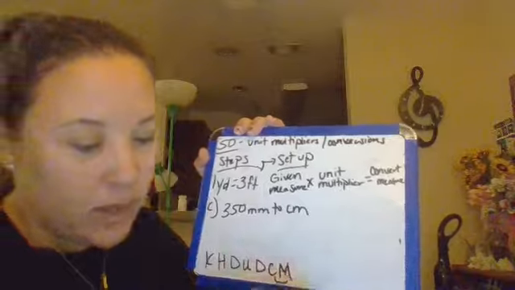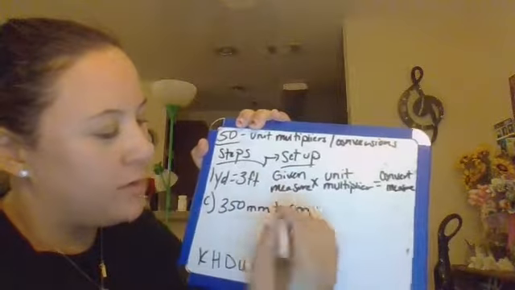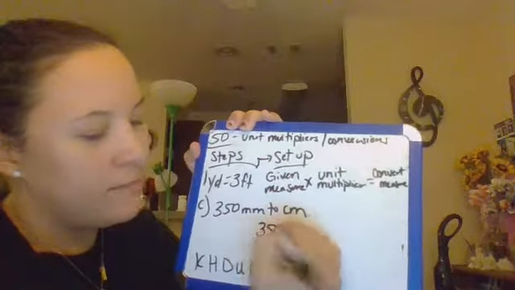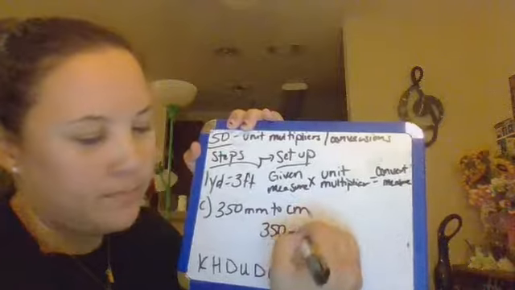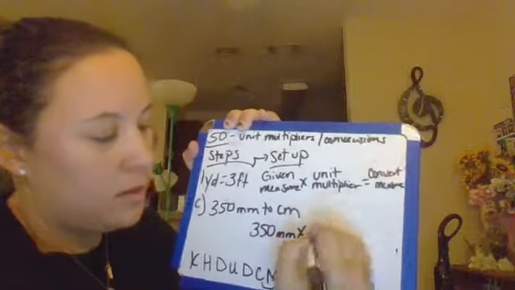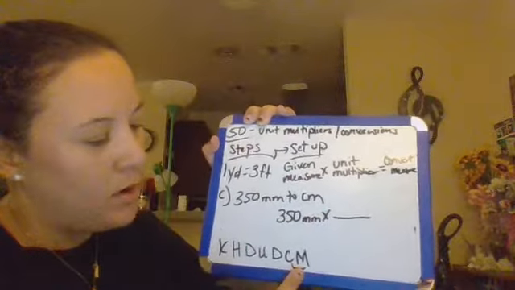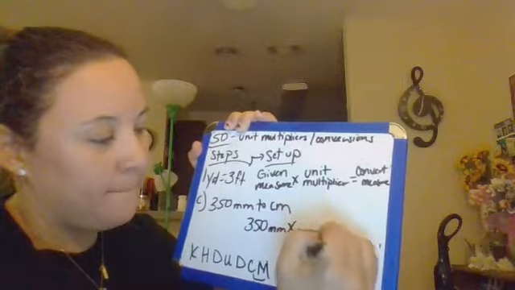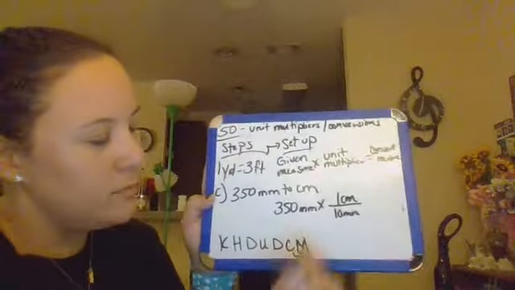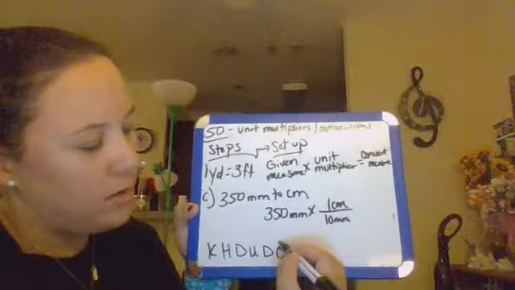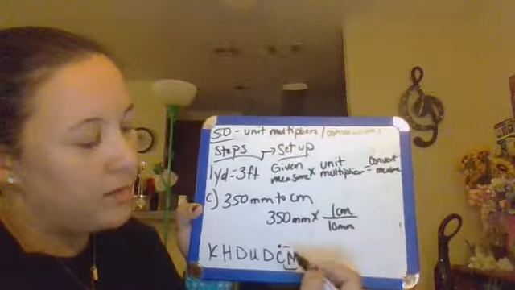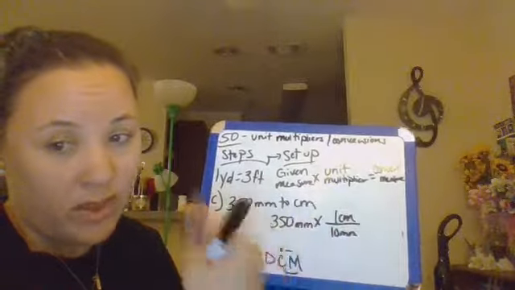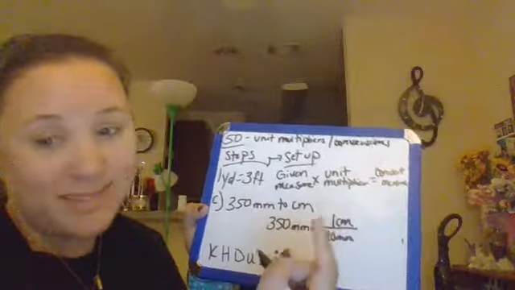All right. So then we're going to set it up. Our given measure is 350 millimeters. And looking at it, there are 10 millimeters in 1 centimeter. Because if we start here, when we go to millimeters, we're only going over once. So we're moving a decimal over once. So that would give us 10.